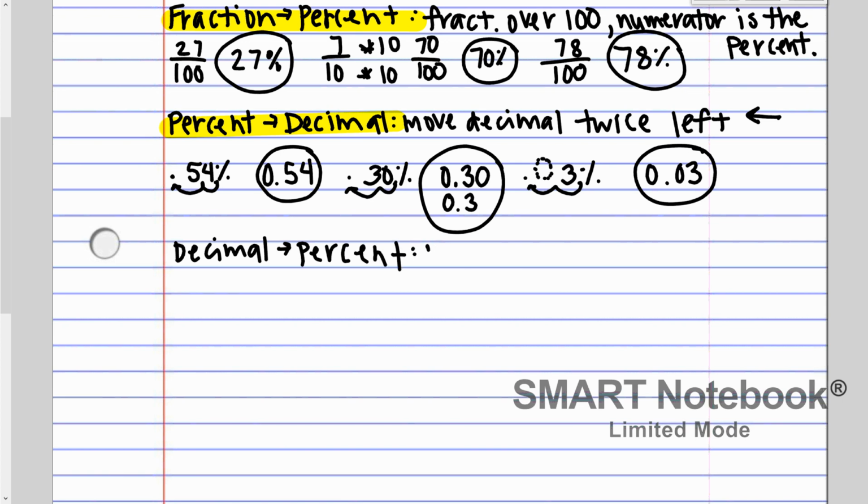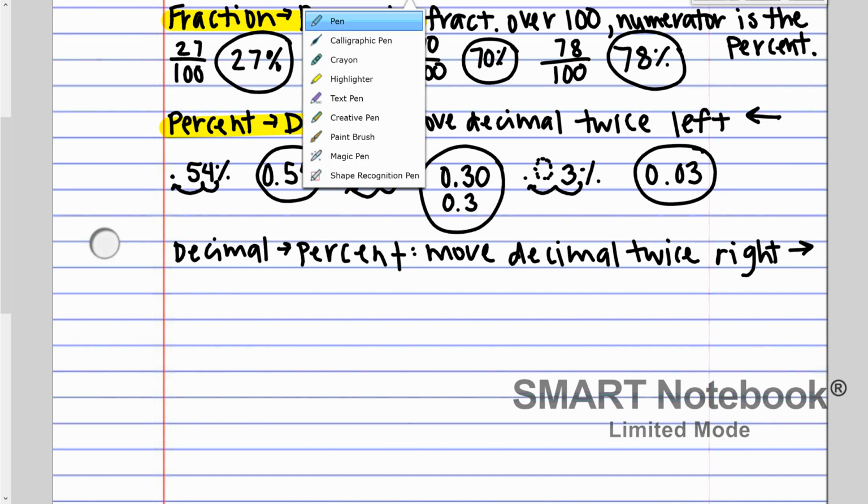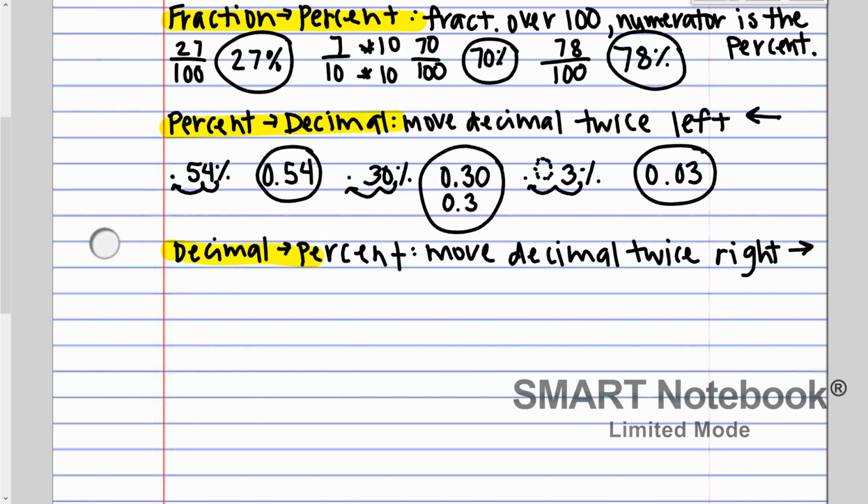We are going to move that decimal twice right. Again, if you want to draw that little arrow, right is going that way. If you have a highlighter, highlight that title. And then let's do some examples.